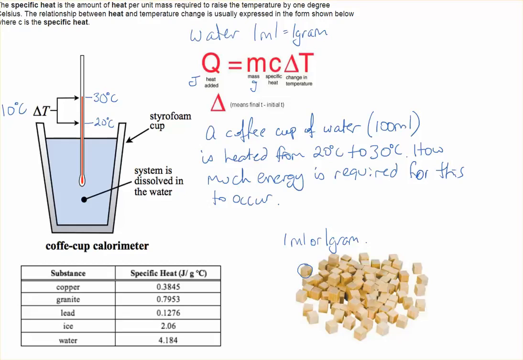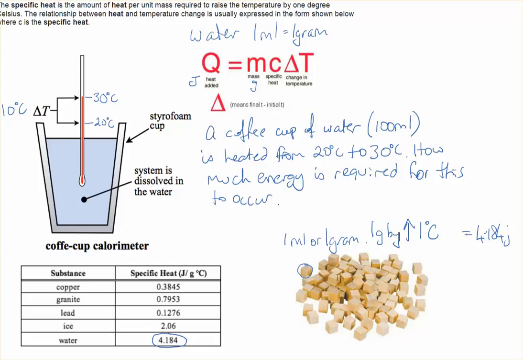Now, to increase its temperature by 1 degree Celsius, well, looking at this table over here, this tells me that I would need to put in 4.184 joules, to lift up that 1 mil, or 1 gram, by an increase of 1 degree Celsius.